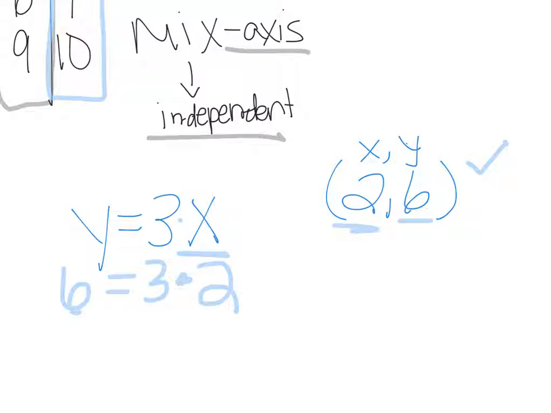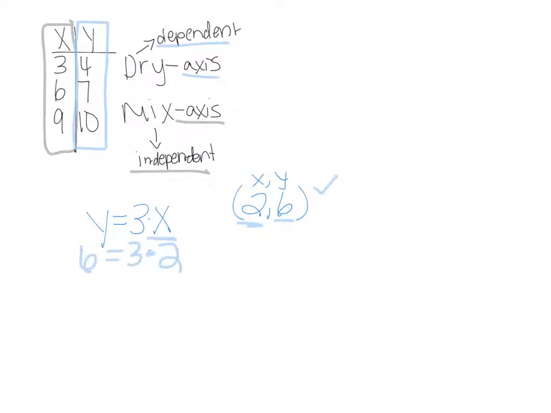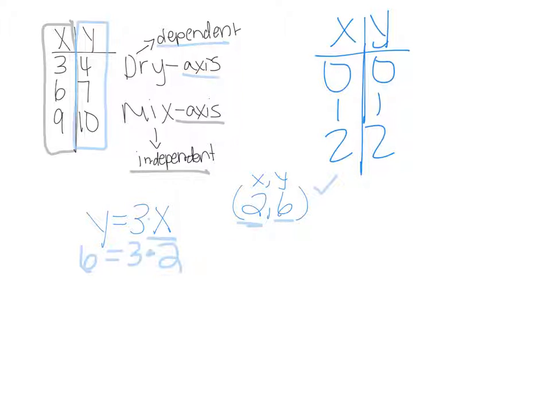Again, there's a lot of setting up the equations, and I know in an earlier video we talked about x and the rule equals y. When you're given a table, and if I have x and y, and we use an example I used on a different video, and I have 0, 0, 1, 1, 2, 2, I know x and my rule, and I know that my rule in this case is times 1, because what I do to x is multiply by 1 to get y.